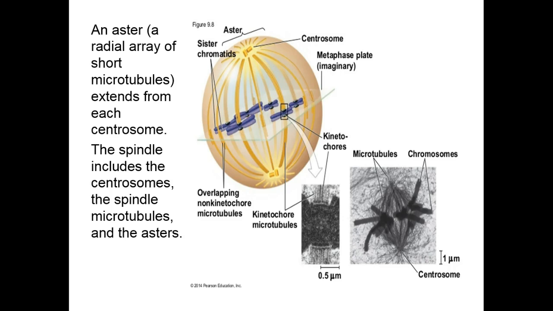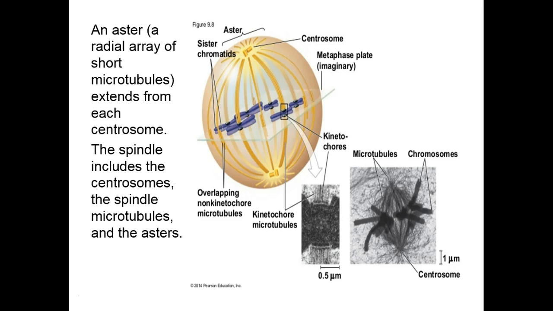In the meantime, at the two ends, you have those centrosomes, which is where most of these microtubules are originating, what they're coming out of. The centrosomes are also putting out non-kinetochore microtubules. What those are doing is actually elongating or changing the shape of the cell.